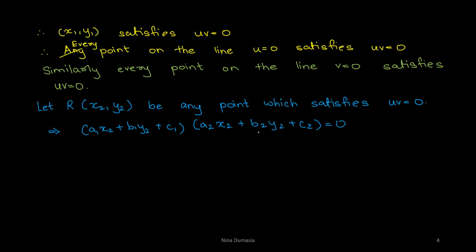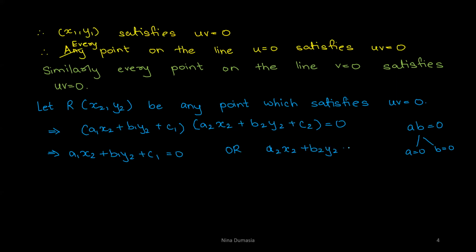Equal to 0. Now because of this I can say that if the product of two brackets is equal to 0, meaning if a into b is 0, what it means is that either a is equal to 0 or b is equal to 0, or both can also be 0. So this implies that the first bracket is equal to 0 or the second bracket is equal to 0.